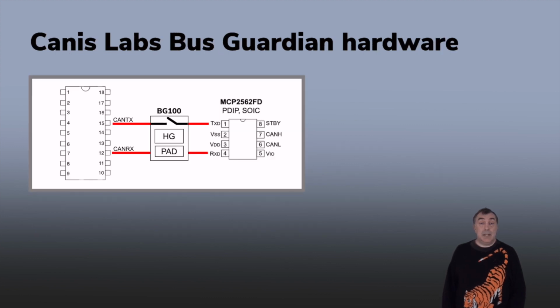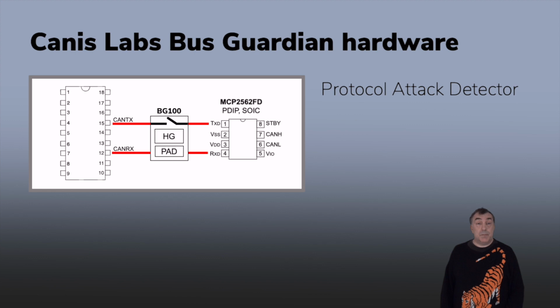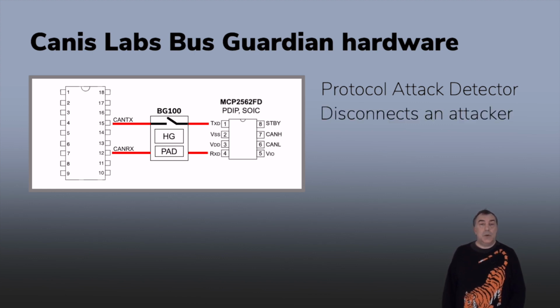The Bus Guardian is silicon that stands between the host CAN controller and the transceiver. It contains a CAN state machine, but also a protocol attack detector. This spots CAN protocol attacks, and that is one of the triggers for the Bus Guardian to disconnect the host from the CAN TX pin of the transceiver. It also includes CAN HG augmentation of CAN, where high-speed data bits are inserted into the spare time in a CAN frame.